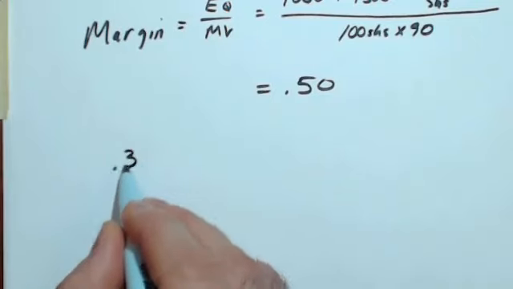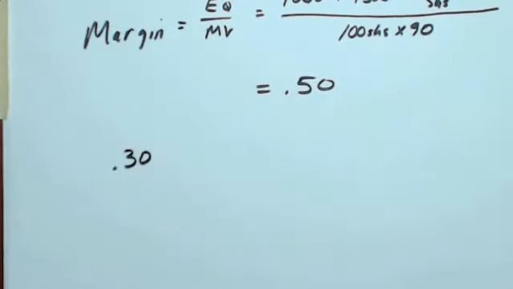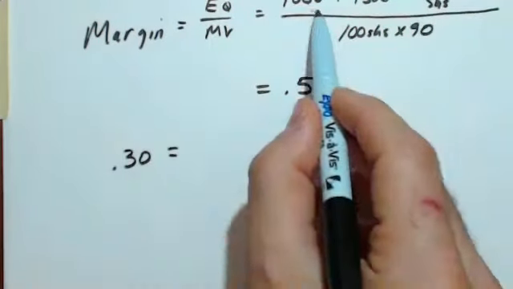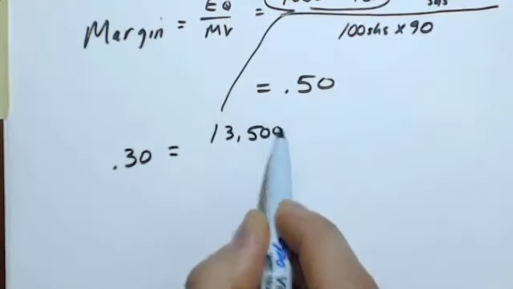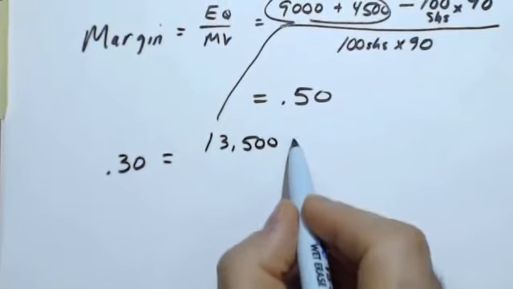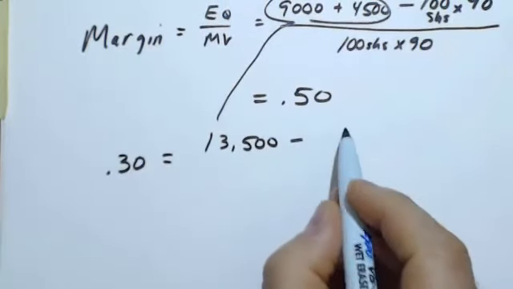So we want to figure out the price at which you will get a house call. So you have the 30% maintenance. The value in your account still is $13,500 at this point. Okay, minus your liability.